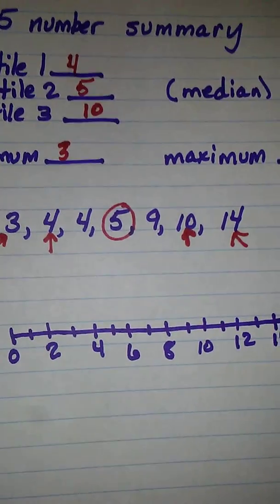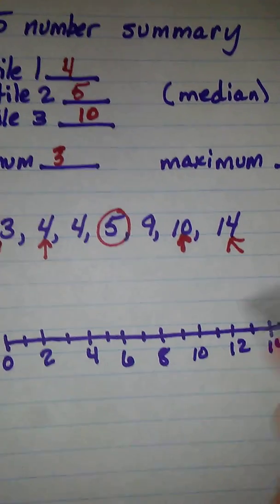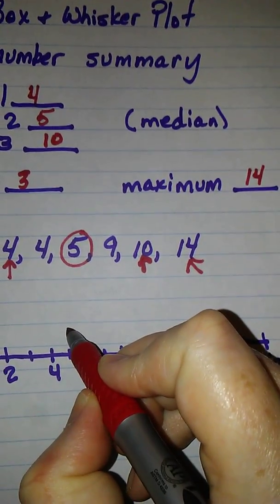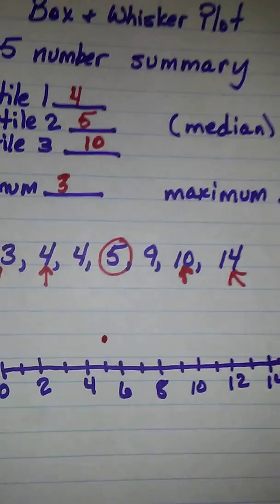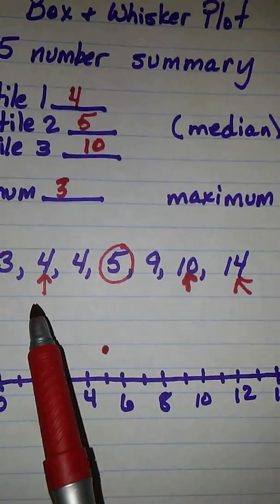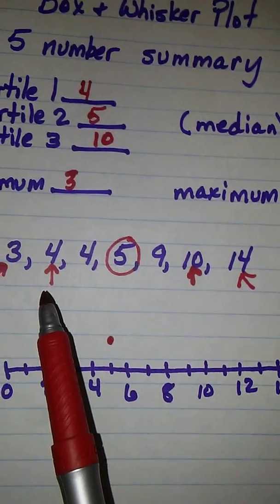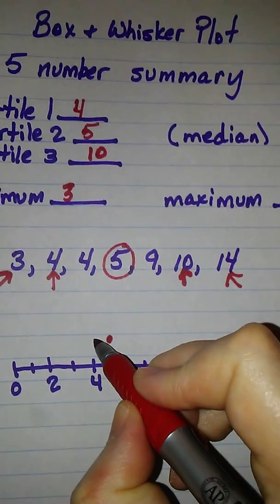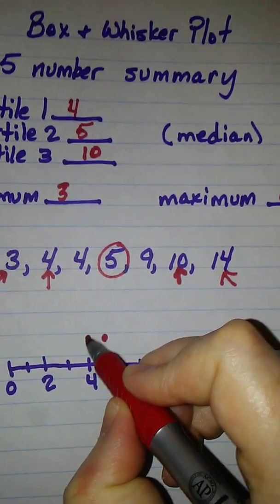I'm going to start with the median, which is 5, the median of the overall data, and put a little point right here at 5. Then I'm going to graph the first quartile, which was 4. Remember, up in our 5-number summary, quartile 1 is 4. I'll put a little dot there at 4.